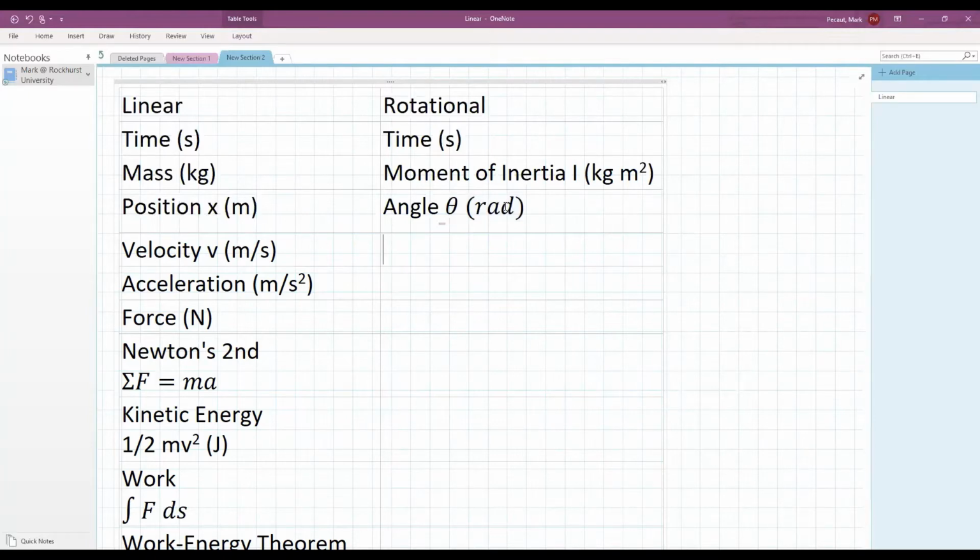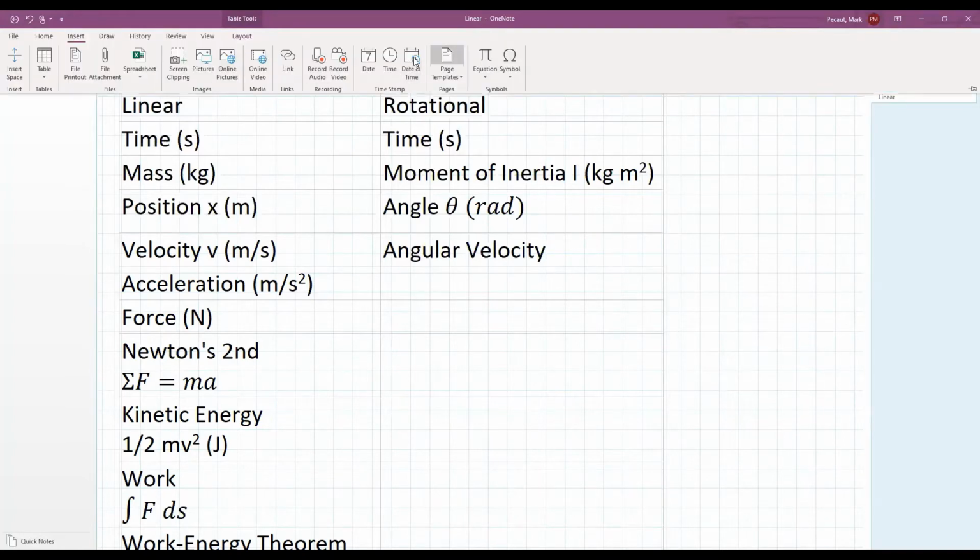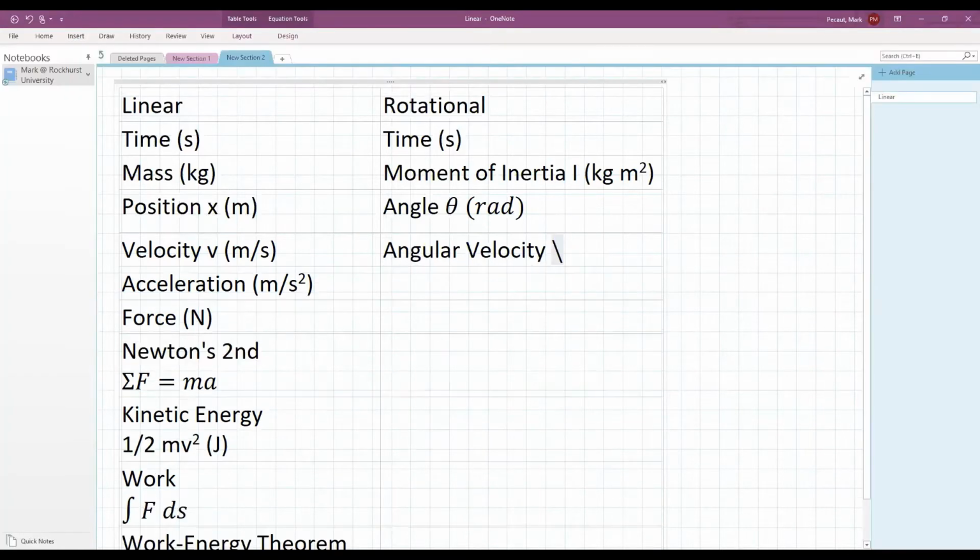For velocity, the analog is angular velocity, and for that one we use the symbol omega, which is in radians per second.